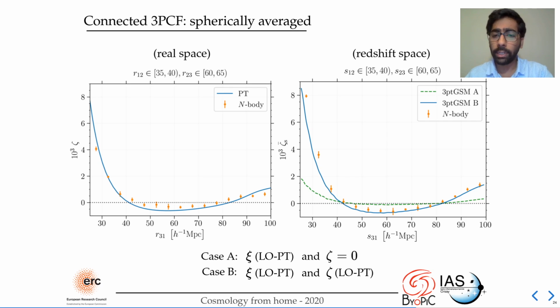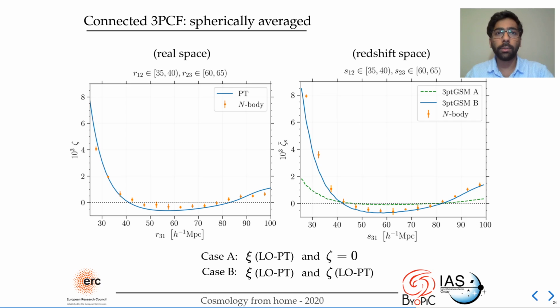So what we can gather from here is that the 3-point Gaussian streaming model in case B recovers the N-body signal, or the measured signal from the simulation, quite well. It should be noted that there is no fitting of any sort here. Rather, we just use the theory prescriptions and the 3-point Gaussian streaming model to compute the correlation function.